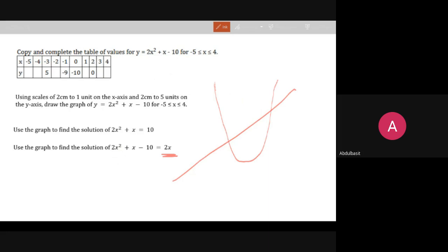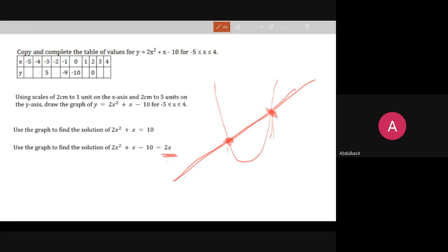So I have to form the table of values. When x is -5, what is y? -10. When x is -4, what is 2x? I have it. So that gives me this line. The point at which this line cuts the curve, the values of x we get at that point, if we trace it, that gives us our solution to that equation.